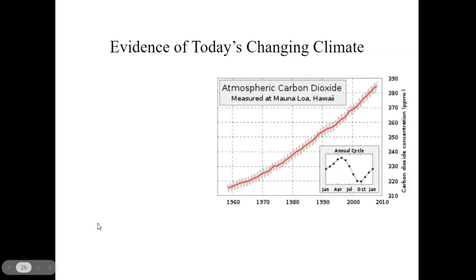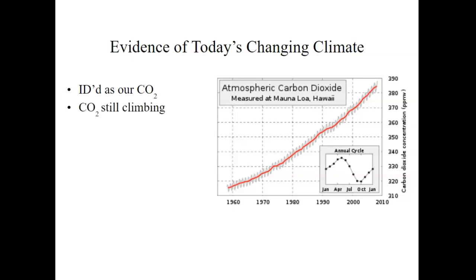and of course we've looked at the Keeling curve shown here to show a steady rise in carbon dioxide, and we can identify that carbon dioxide as from our behaviors partially because of the nature of fossil fuels and the carbon that's in it.